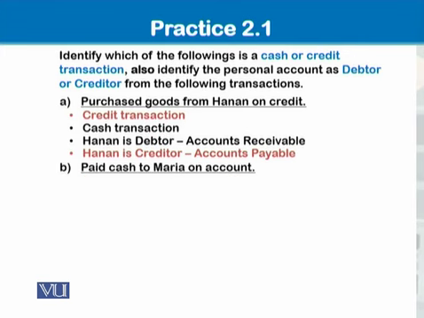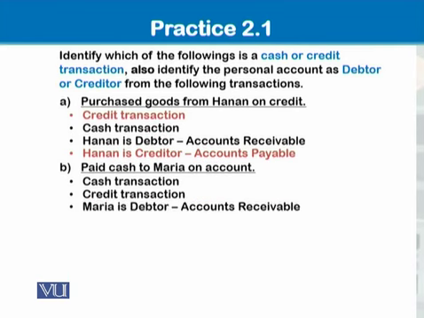Paid cash to Maria on account. Well, is it a cash transaction or credit transaction, or Maria is a debtor or accounts receivable, or Maria is a creditor or accounts payable? So it's a cash transaction and Maria in fact was a creditor, accounts payable, to whom we have paid.